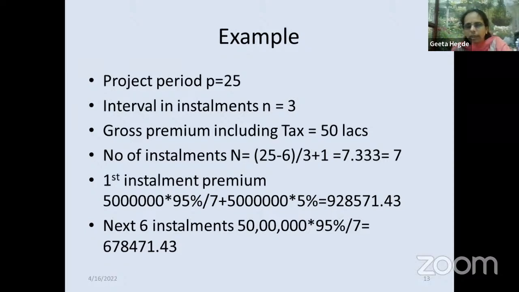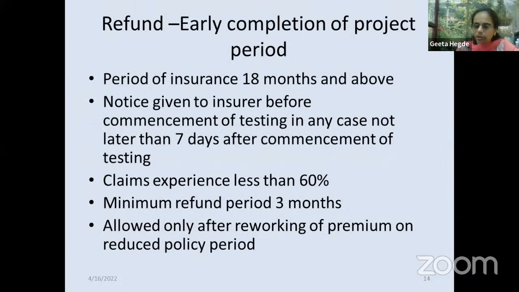First installment calculation is done on the premium, that is 50 lakhs into 95% divided by number of installments, and 5% added into that because the first installment is going to be higher by 5%. By this we arrive at the first installment and the equal installments. You can refer to this later carefully.